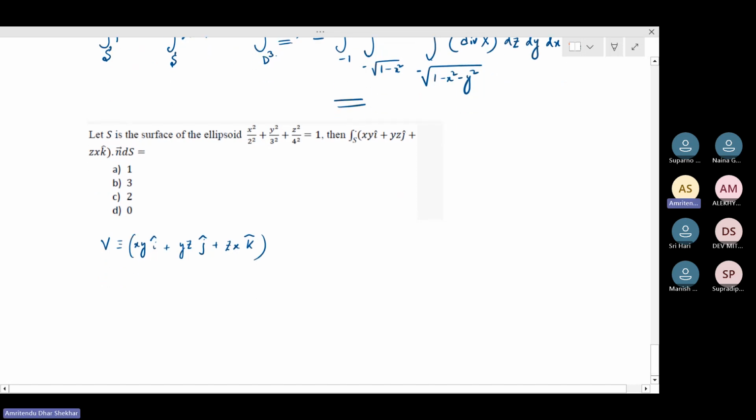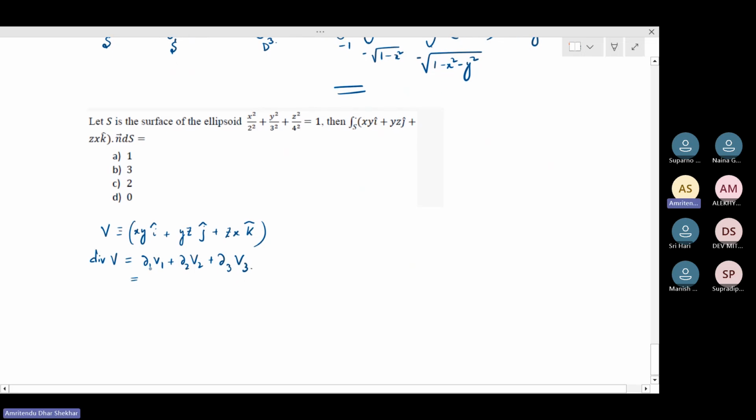And you can compute the divergence of V. Sorry, it's actually del 1 of V1 plus del 2 of V2 plus del 3 of V3.